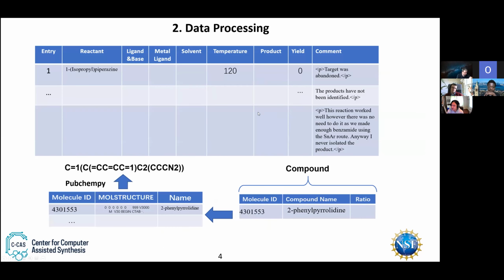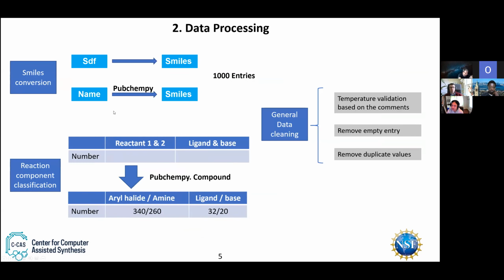Once you have a column including all the reaction components, the next thing you do is to convert the compound names to SMILES strings. In the AstraZeneca dataset, there are molecule structure files, also known as SDF files, included, which can be used to generate the SMILES strings. Here are the two ways you can do that.